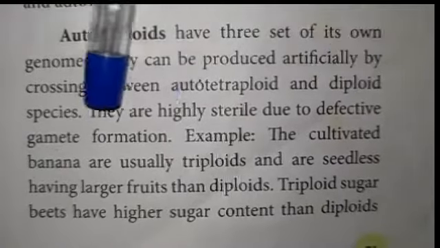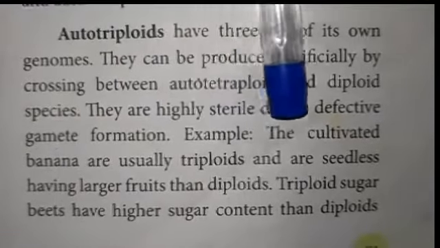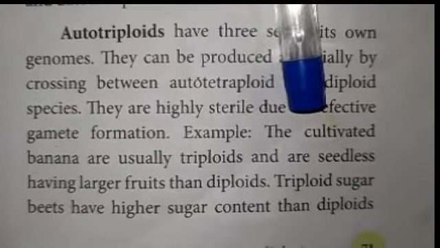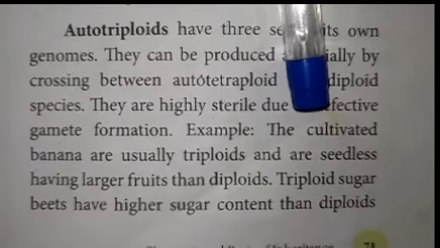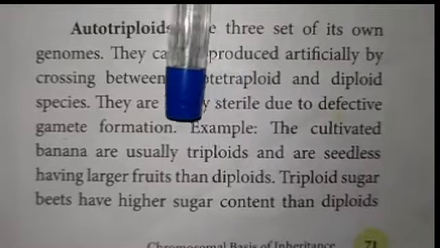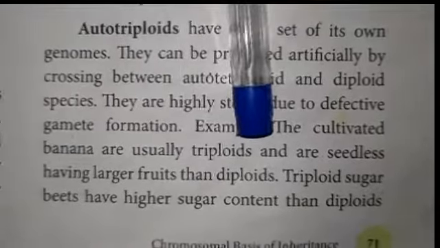For example, the cultivated varieties of bananas are usually triploids and are seedless. Only the wild variety of banana contains seeds. So they cannot reproduce to the next generation, but have larger fruits than the diploids.